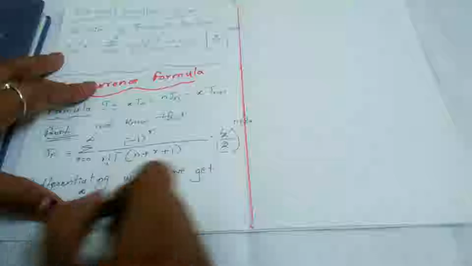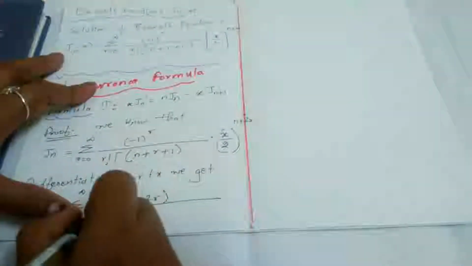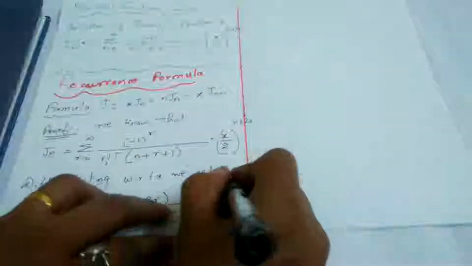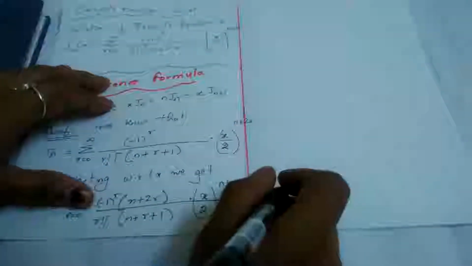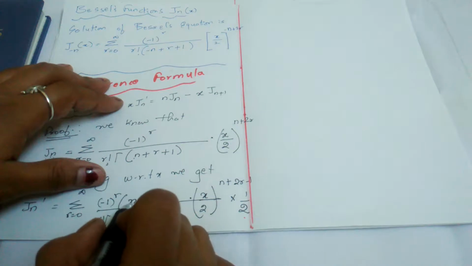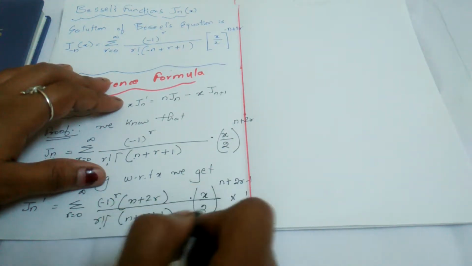So we have (n + 2r) divided by r factorial Γ(n + r + 1), times (x/2)^{n+2r-1} into 1/2. Now we will separate this n + 2r, so we will have n divided by these terms and then 2r divided by these terms.